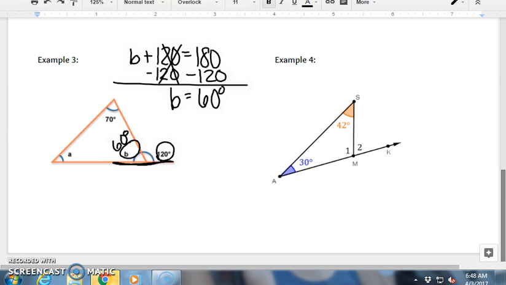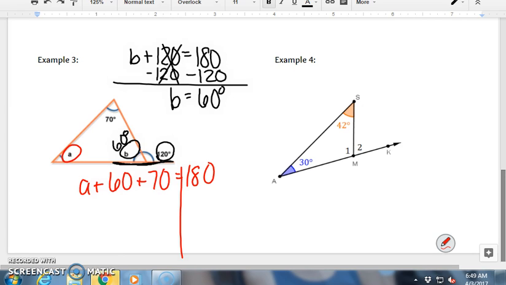And now that I know 2 of the interior angles, I can find the other missing interior angle because those 3 together equal 180 degrees. So this is just a lot of setting up small one-step and two-step equations to find missing angles.